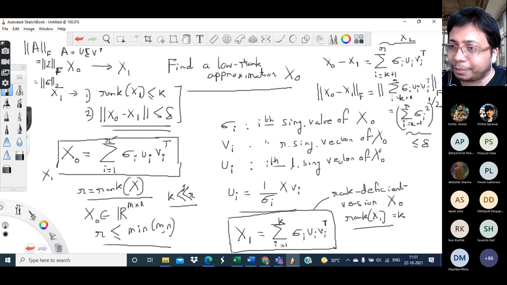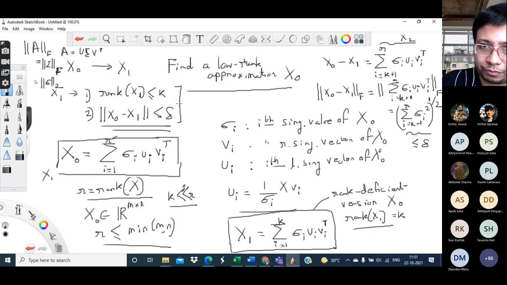The answer to that depends on the singular values of x naught. If the singular values from k plus 1 to r are small enough that their L2 norm is less than delta, then yes, I will be able to get it. If the discarded singular values are quite large, then I may not be able to get it. So for every matrix x naught, I can always get a low rank approximation.